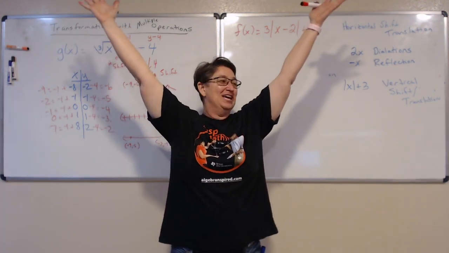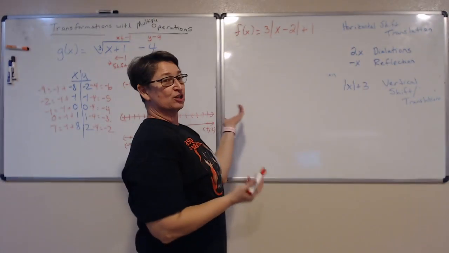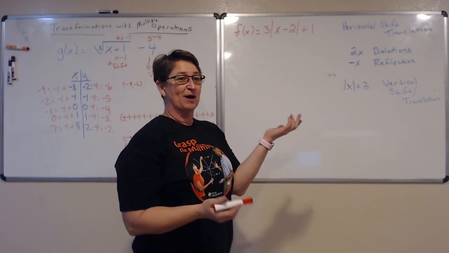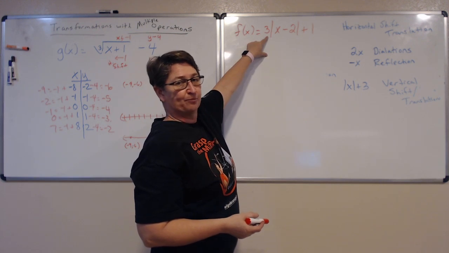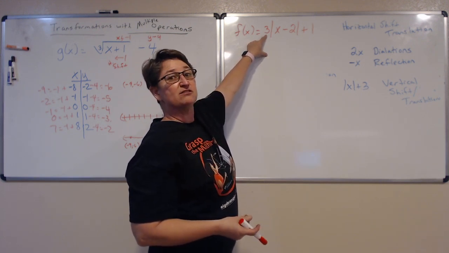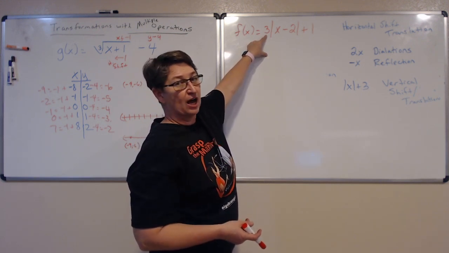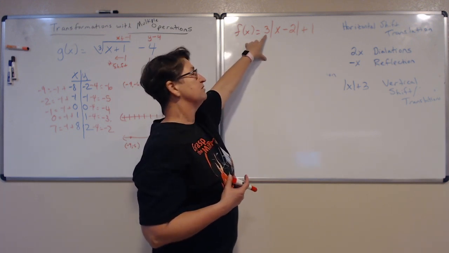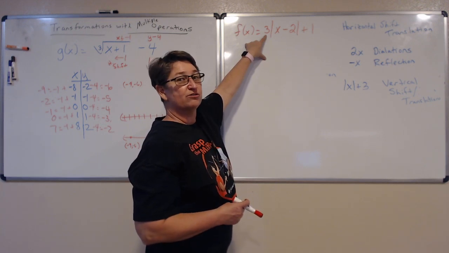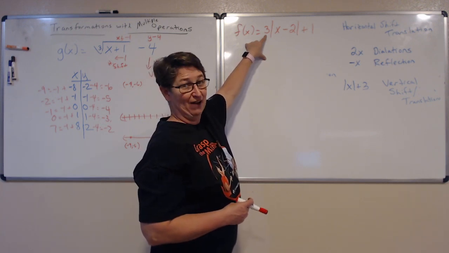My shape's a V. And now I'm just going to look at each piece and tell you about each piece. So for instance, this 3. Notice that 3 is on the outside. It's not inside with x, it's on the outside. So because it's on the outside, we know that it's affecting the y values.